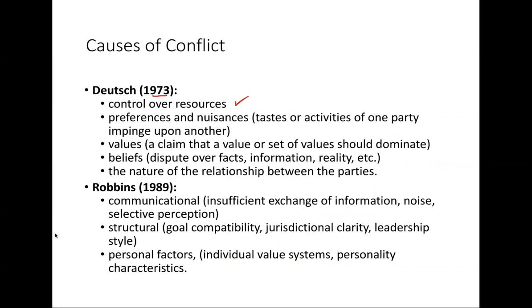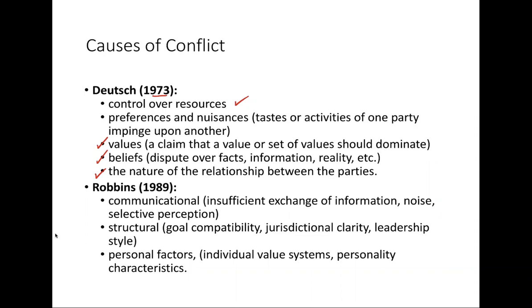It could be according to values. You might claim that a value or set of values should dominate any other values. It could be according to beliefs. It could be according to some information or even reality. And also the nature of the relationship between the parties would have a great impact on prioritization and cause conflicts. So this was listed by Deutsch in 1973.